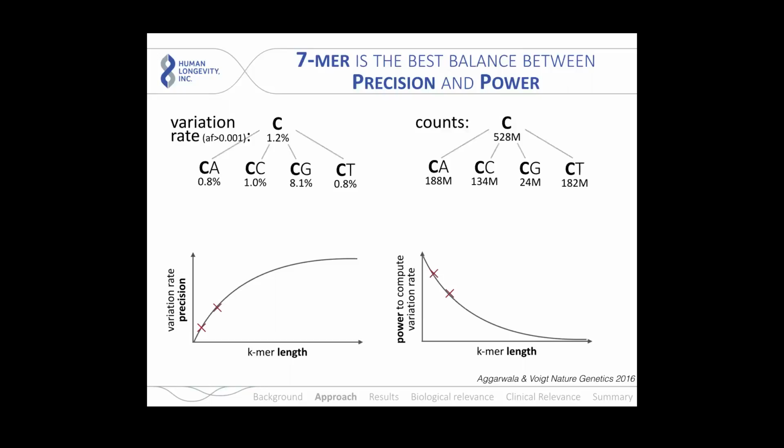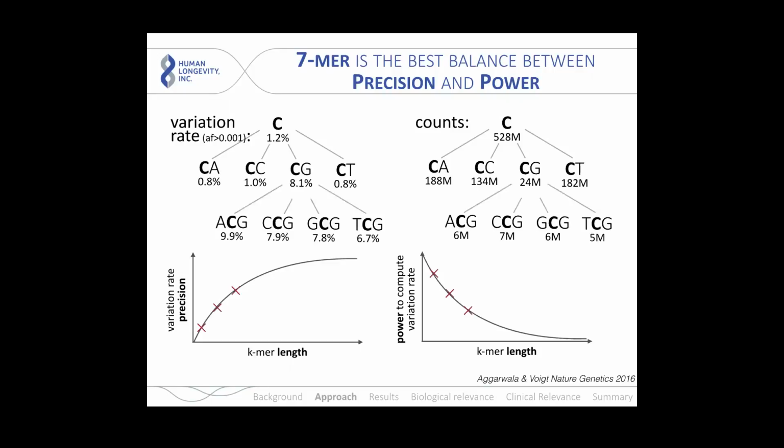Now, if we increase the k-mer, if we look at dinucleotides, for example, we can see that we increase the variation rate precision. Now, instead of 1.2%, we have more precise numbers. For example, 0.8% when it's followed by an A, while it's 8.1% when it's followed by G. So now we gain precision, but again, we decrease the number of occurrences of the k-mers to compute those rates, and so on and so on.